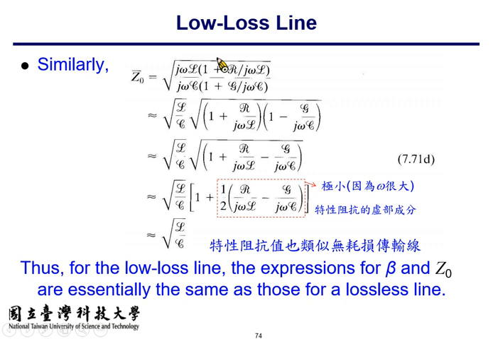Then the division over here can be regarded as 1 plus R over J omega L and 1 minus G over J omega C.